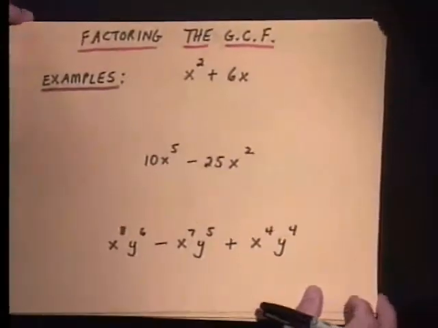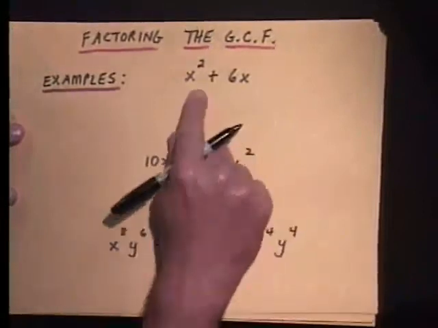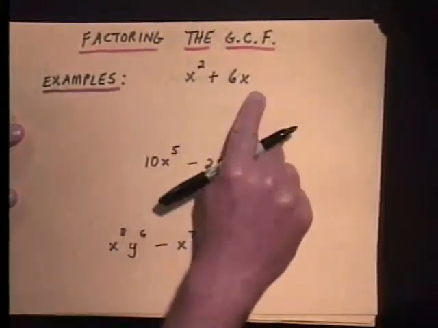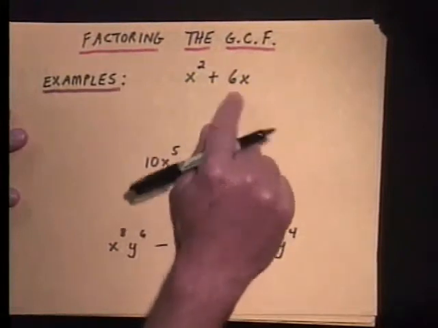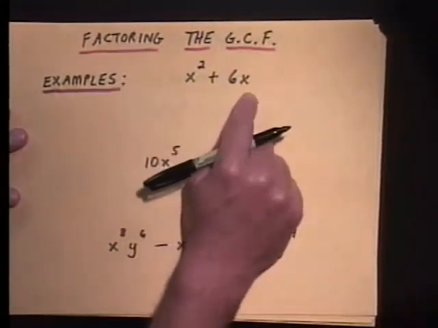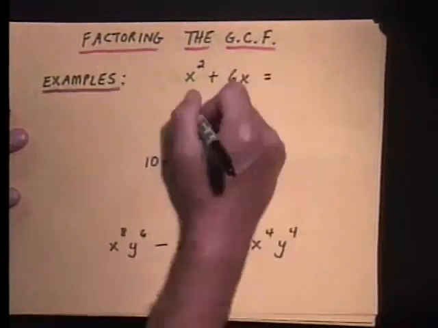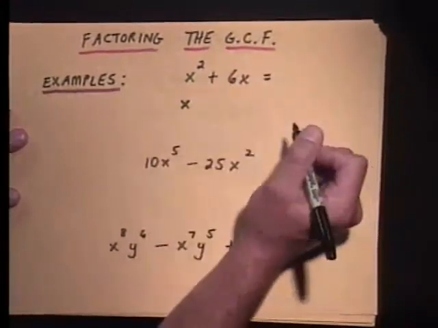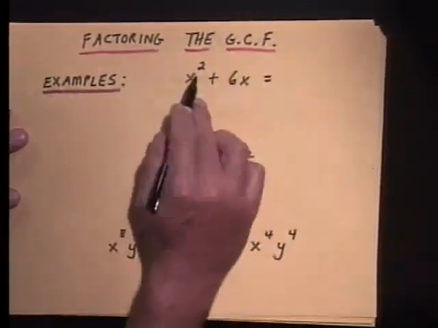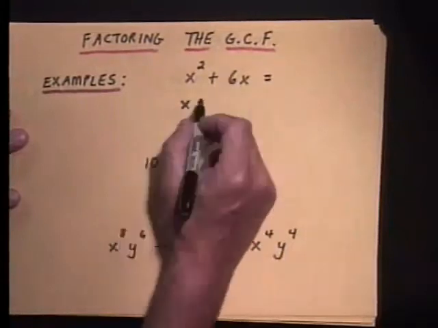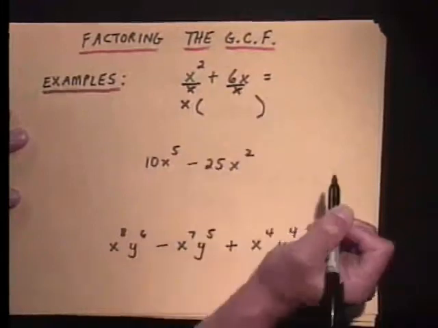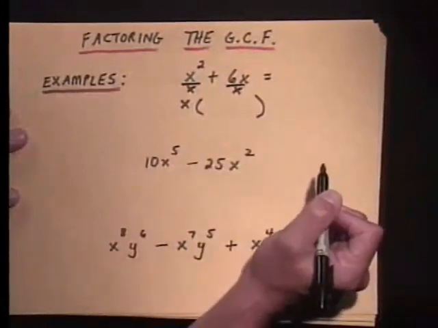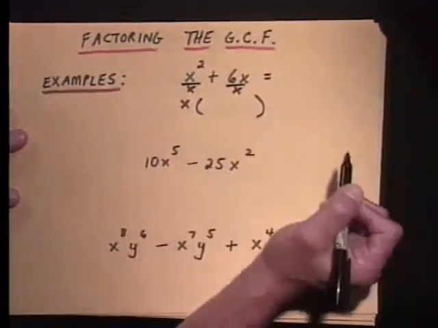All right, factoring the GCF. So the first example is a binomial, x squared plus 6x. Now, what do these two terms have in common? The greatest thing I could take out of either one is a single x. I could pull an x out of each one. Once you see that's the greatest common factor, you can go ahead and put it right underneath each term and divide each term by that if you want, and then put what's left in the parentheses.